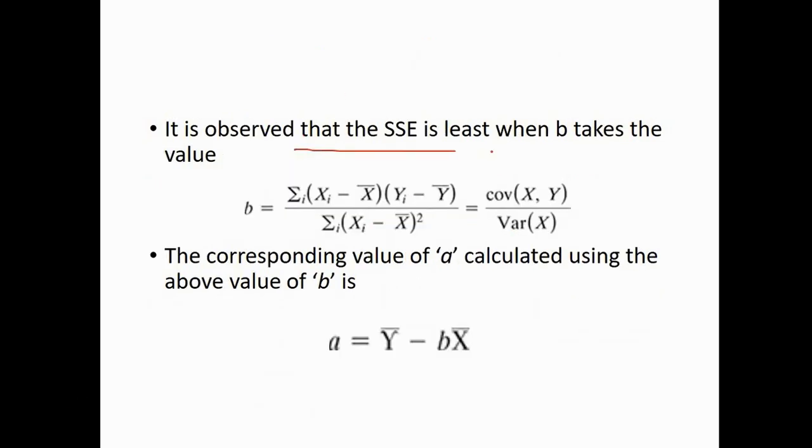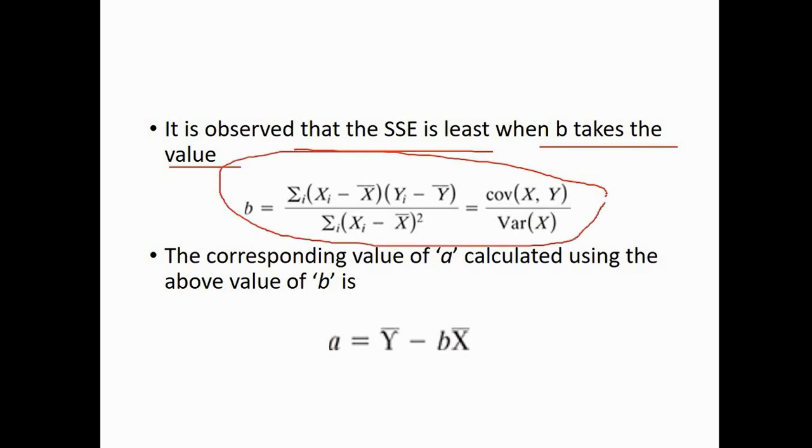It is found that the sum of the squares of the errors is least when b takes this value. So if you substitute this expression and b takes this value, then the sum of the squares of the error is least. So how is this b computed? b is computed across all the points in the given data.